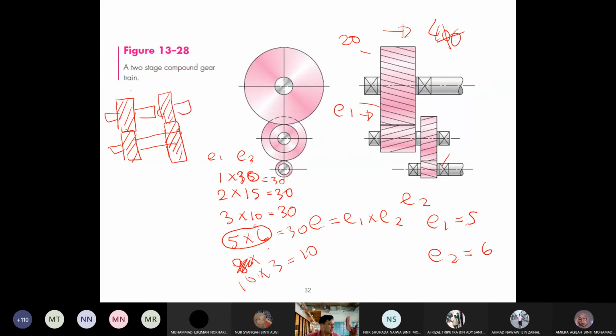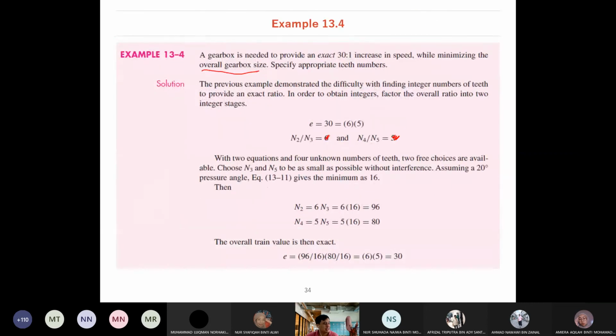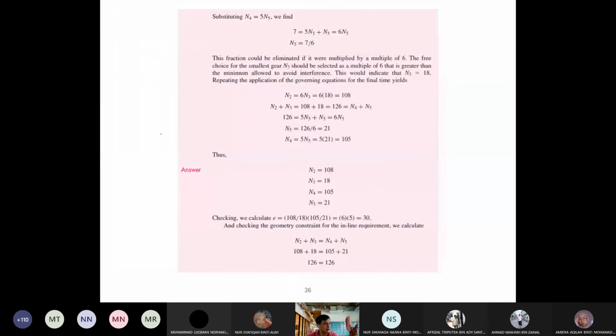So beza dia tak ada apa je sebab dia kata inline. Yang ni input ataupun driving dengan driven should be inline. Ini kita panggil dia riveted gears lah basically. Alright. Kan? Okay. So nampak itu je beza dia. Tak ada apa. We go to the example 13.5.